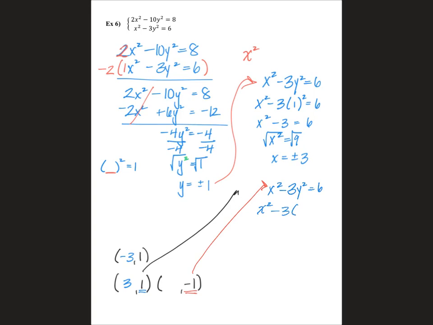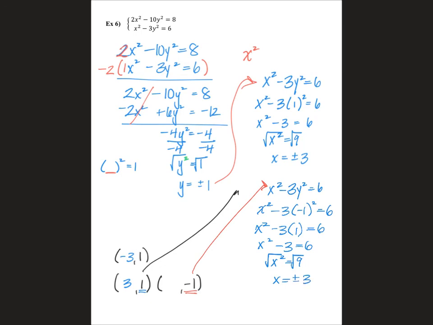I'm going to square this -1, which gives me x squared minus 3 times 1 equals 6, or x squared minus 3 equals 6. And I'm at that same point, x squared equals 9. Taking the square root of both sides gives me a positive and a -3.